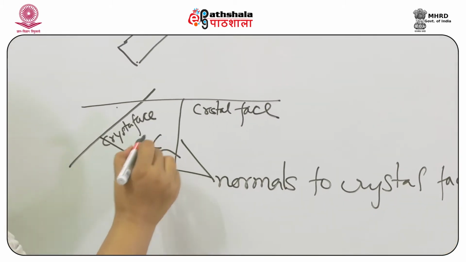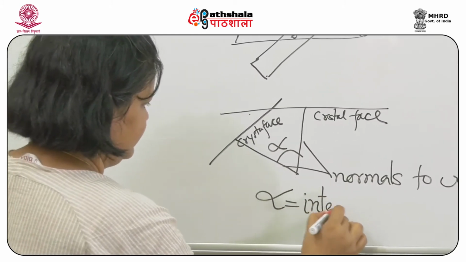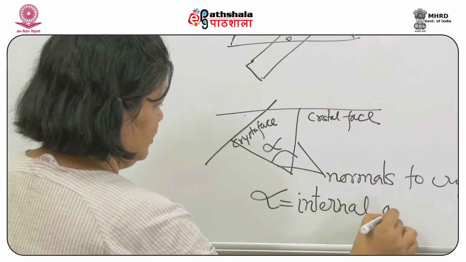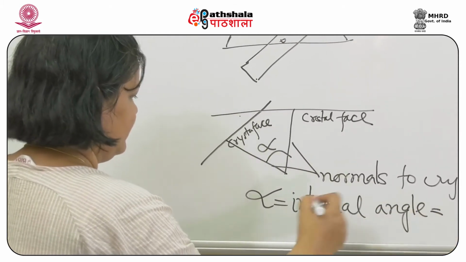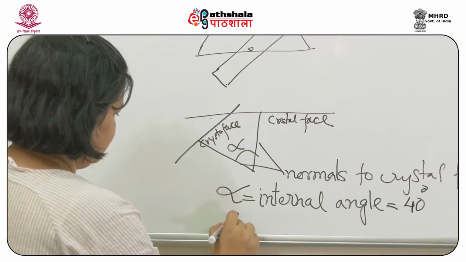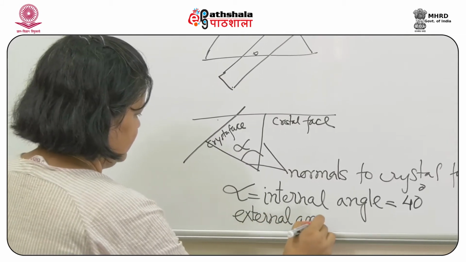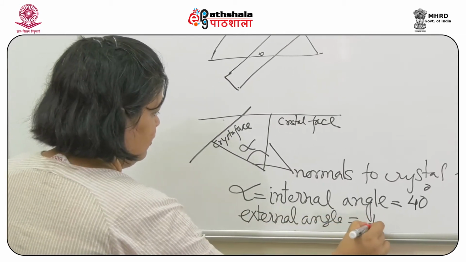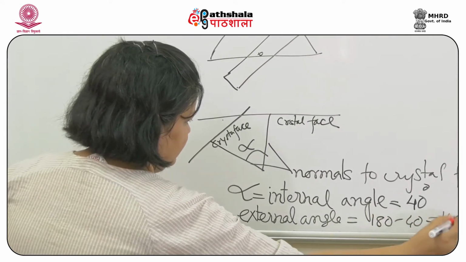and the angle alpha, which is also known as the internal angle, is the interfacial angle. For instance, if alpha is 40 degree, then there is also another term called the external angle, which is nothing but 180 degree minus 40, which will be 140 degree.